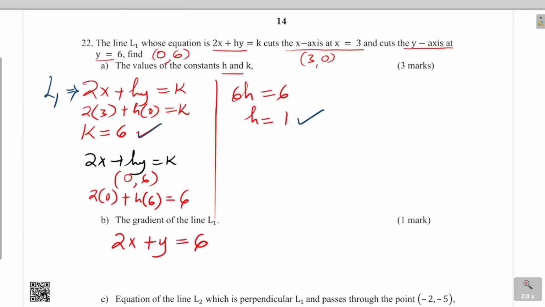So to get the gradient, you can organize this equation in the form y is equals to mx plus c, so that it becomes y is equals to negative 2x plus 6. And therefore, the gradient will be the coefficient of x. So the gradient of that line will be negative 2.